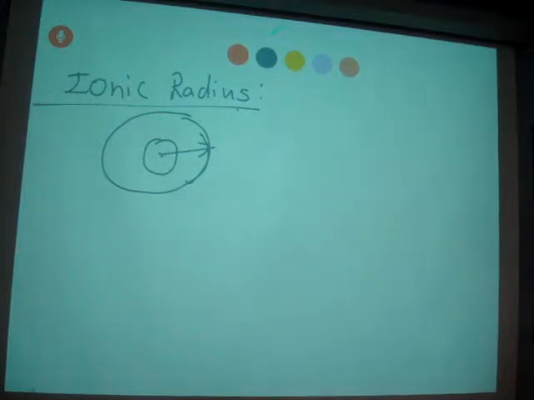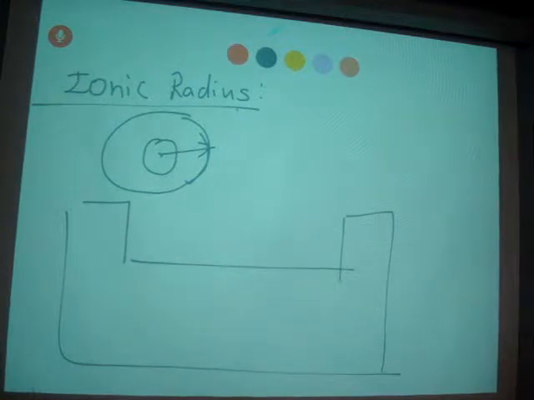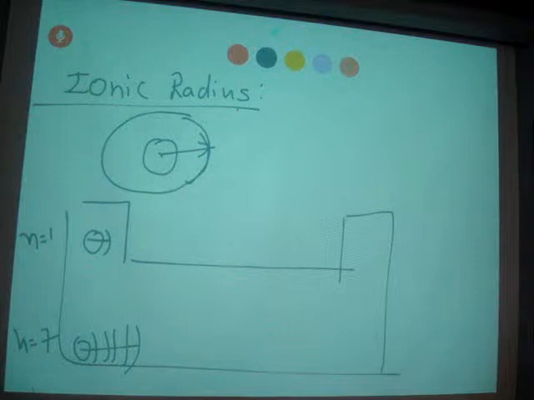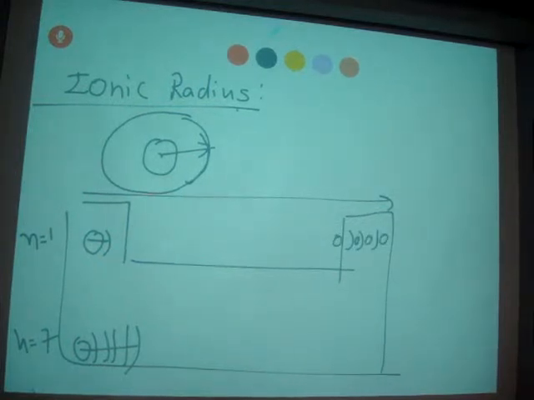So when you look at the periodic table, lithium has level 1 and francium has 7 levels. So automatically, when the level increases, the radius increases. When you go across, the radius decreases because the number of protons increases.